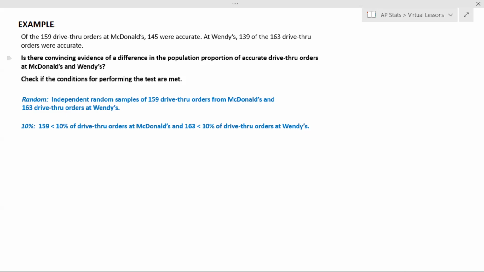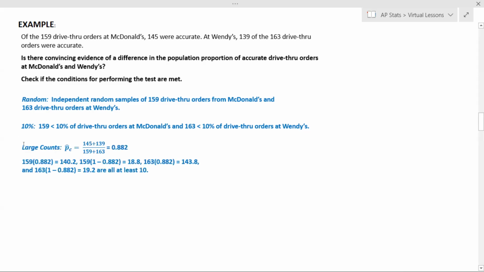And then finally, we want to check the large counts condition. When we check the large counts condition, remember you first have to get the combined proportion, p hat sub c: the number of successes of each sample divided by the sample size of each sample. We get 0.882. That is going to be our combined proportion.